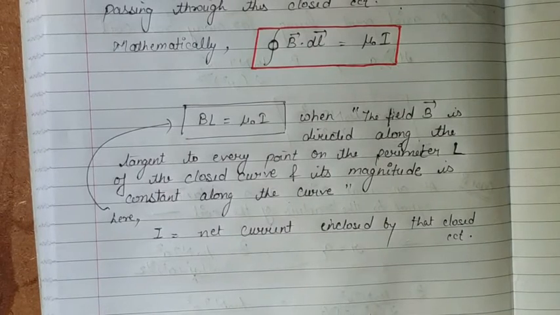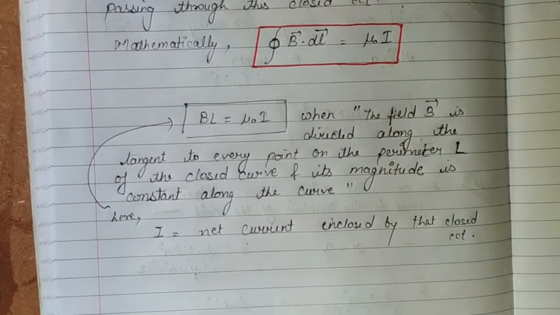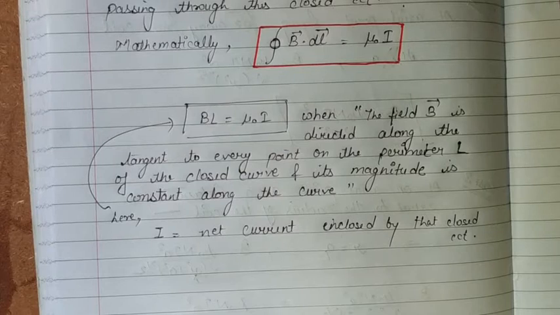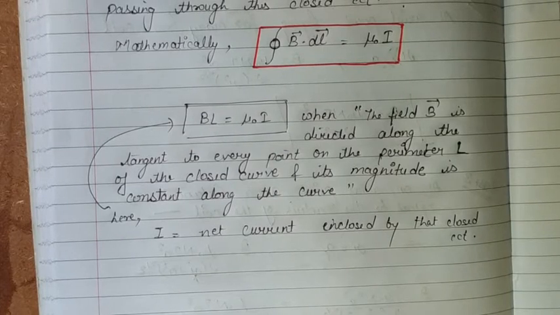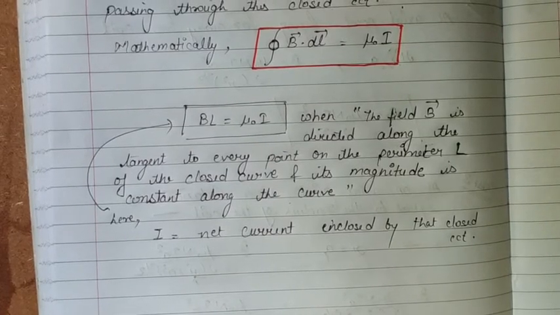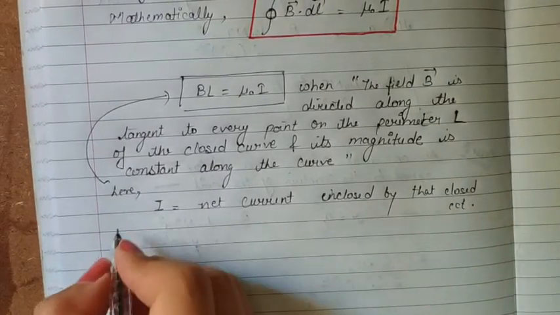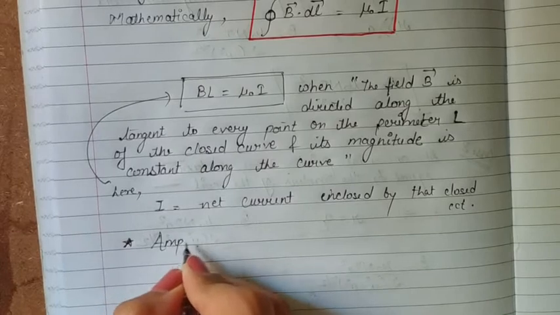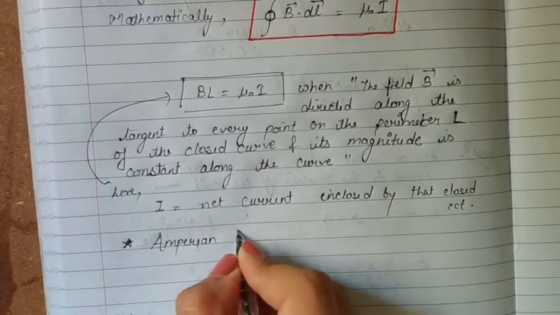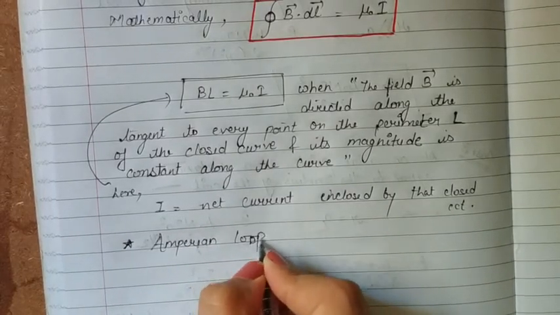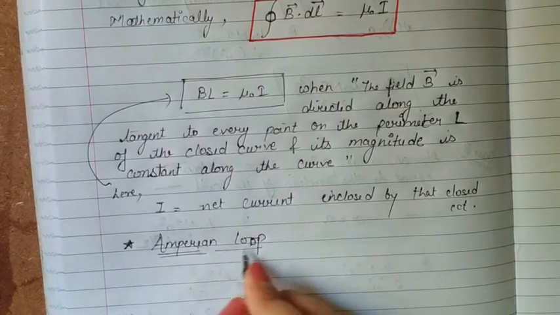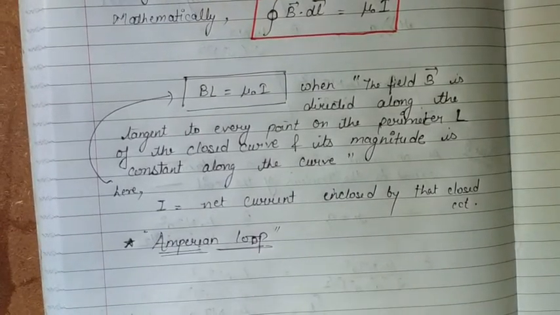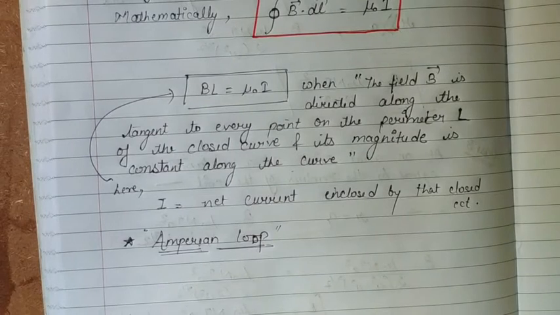It is necessary. Now the closed curve where we can apply this Ampere law is also called an Amperian loop, because Ampere Circuital Law is valid in that circuit or loop.